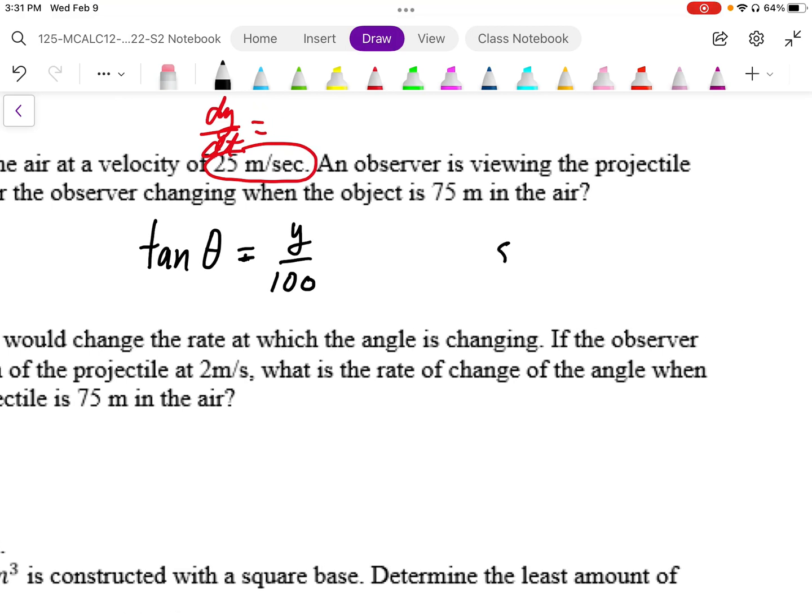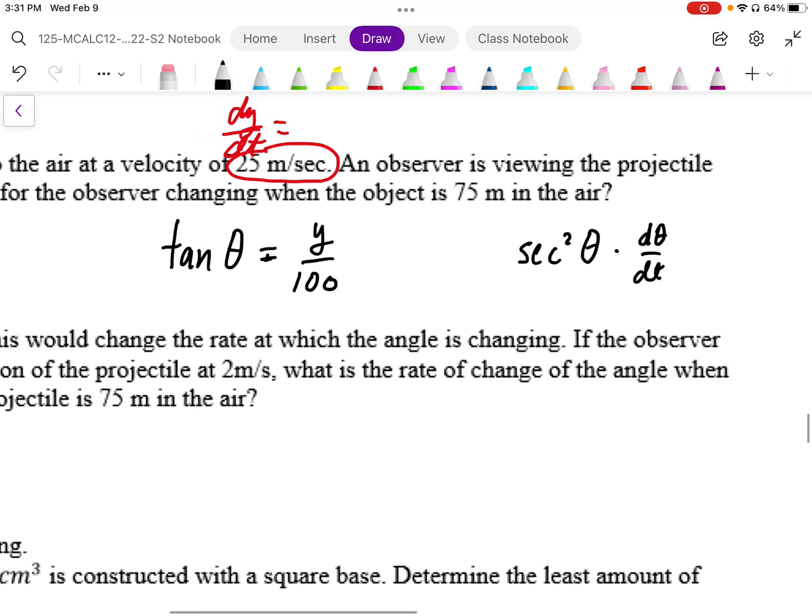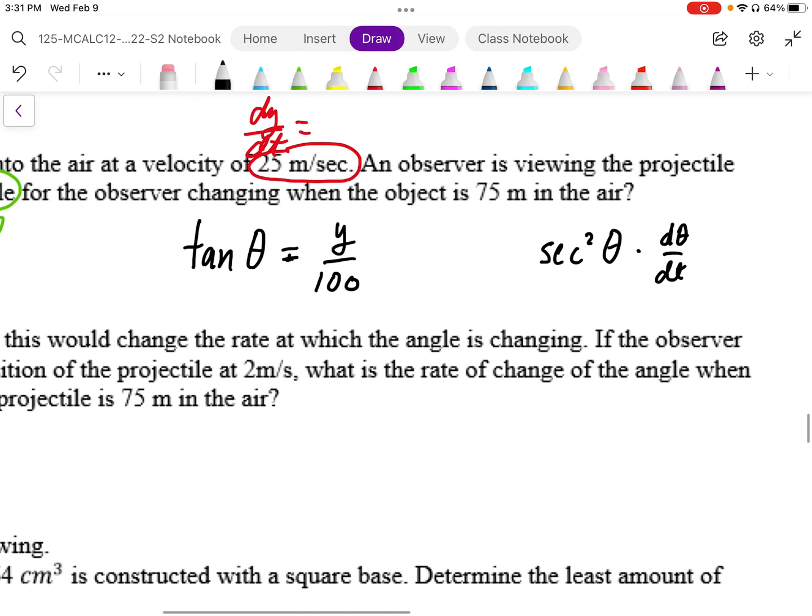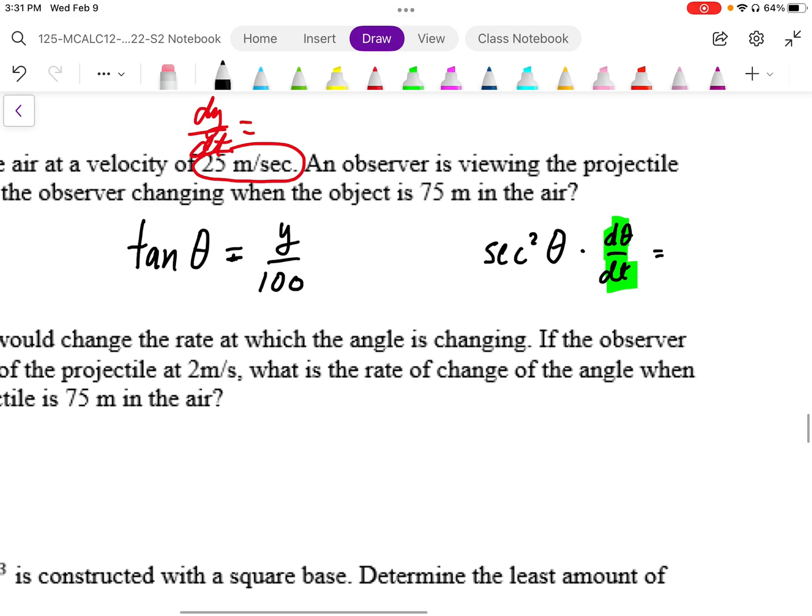So this becomes secant squared theta. So I differentiated the tan, but now I have to apply the chain rule, d theta by dt. Okay, so that's going to be the d theta by dt that I'm looking for, is equal to the slope on that expression, which is going to be 1 over 100.